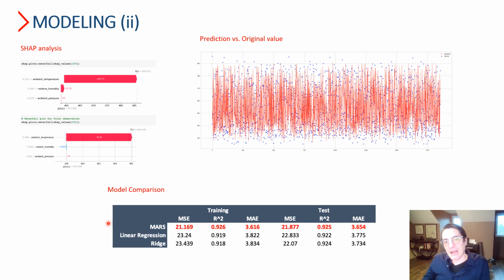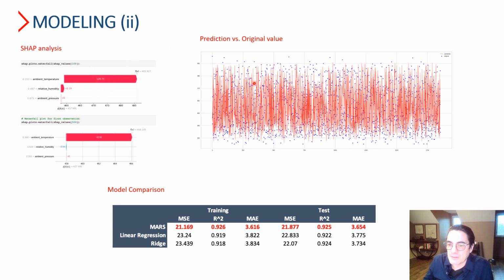Now, the outcome of the modeling. When we ran, for instance, a SHAP analysis, this was for MARS in specific, we can see, again, we're just confirming what we saw before, that temperature is definitely the most important variable that is helping us to come up with these predictions. Here we have two examples of two data points that are showing very similar behavior.